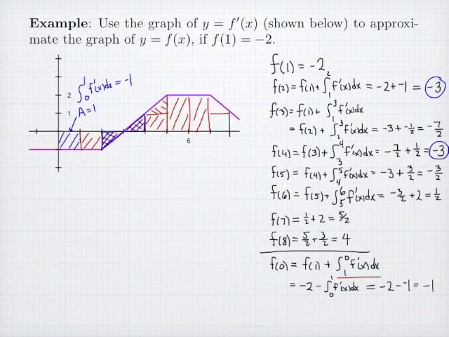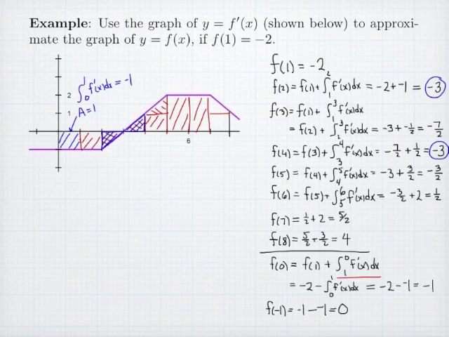If I were to go back one more unit, f of negative 1, I would get negative 1, and then I would subtract yet another negative 1, to give me a value of 0.